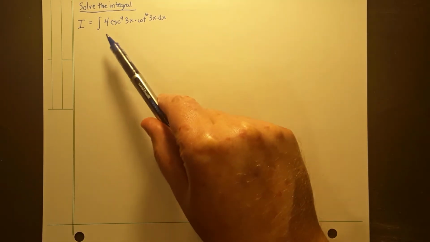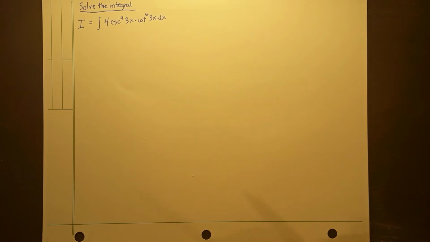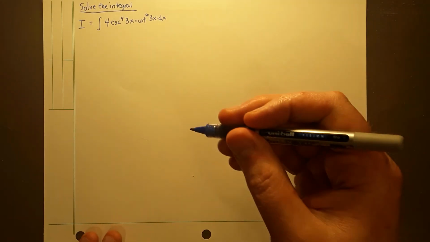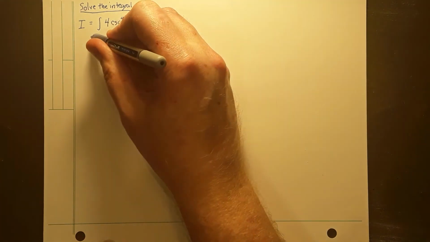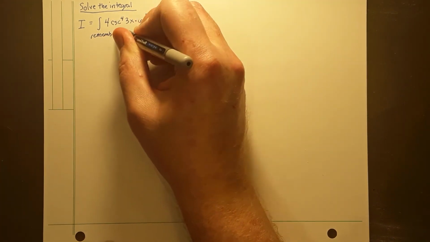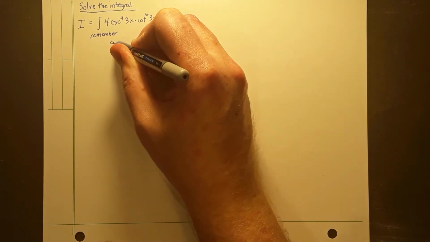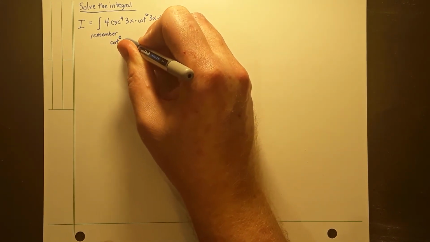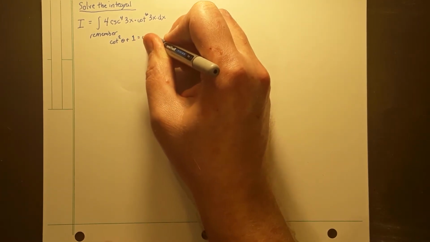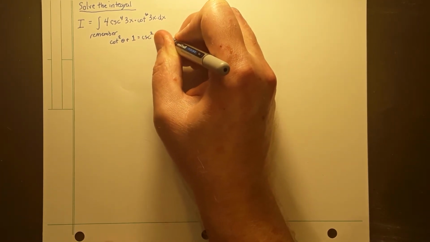Cosecant squared can be removed from an even power of 4. So that's the one that we should change. Remember, we have an identity that is available: cotangent squared of an angle plus 1 equals cosecant squared of an angle.